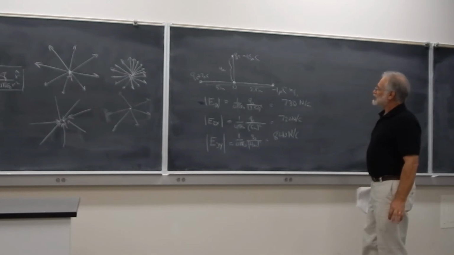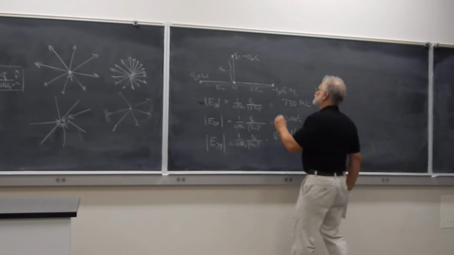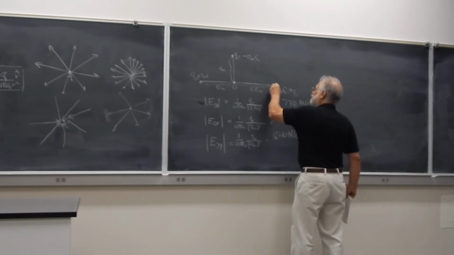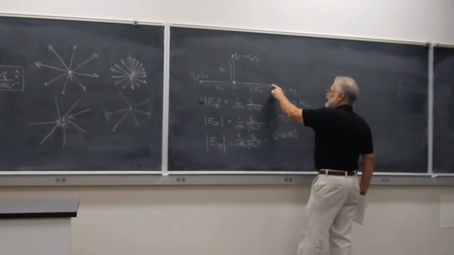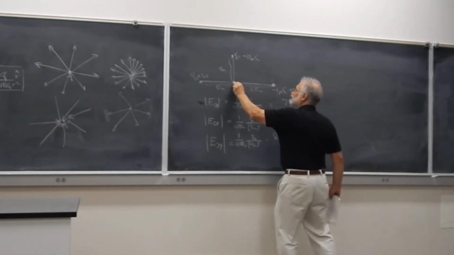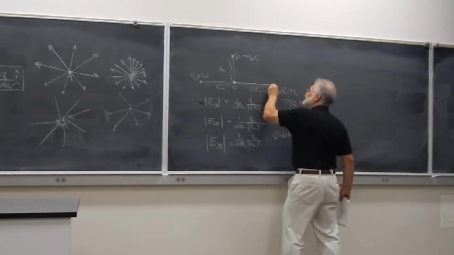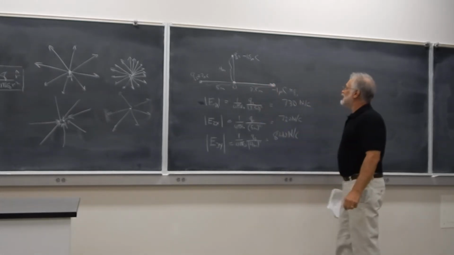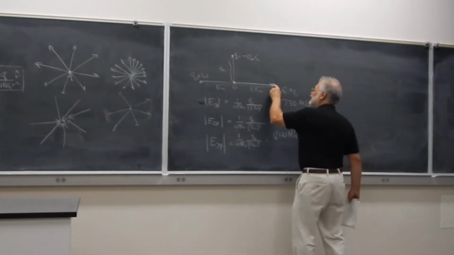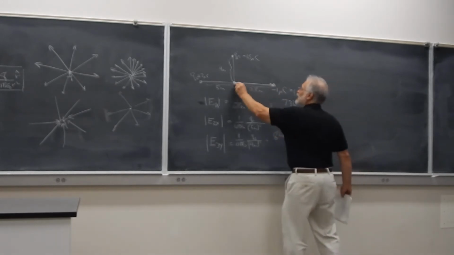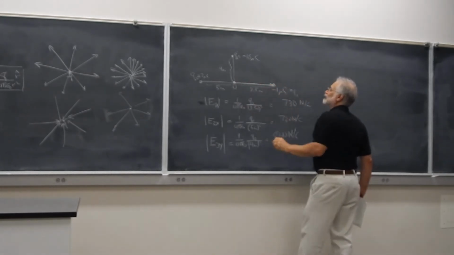Let's look at the directions now. Q1 is a negative charge, therefore the field at the origin will point into Q1. It's a negative charge, so the field lines point into the charge, so it's going in the positive x direction.